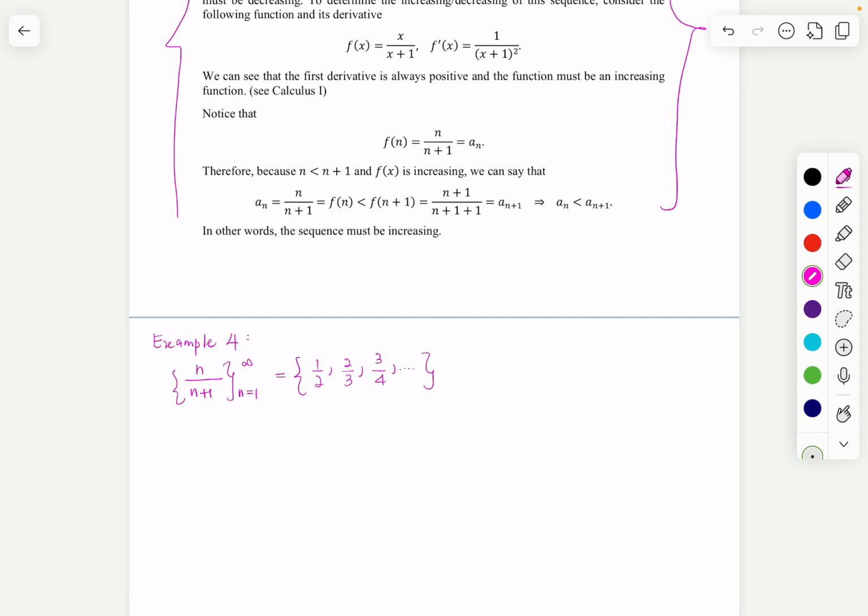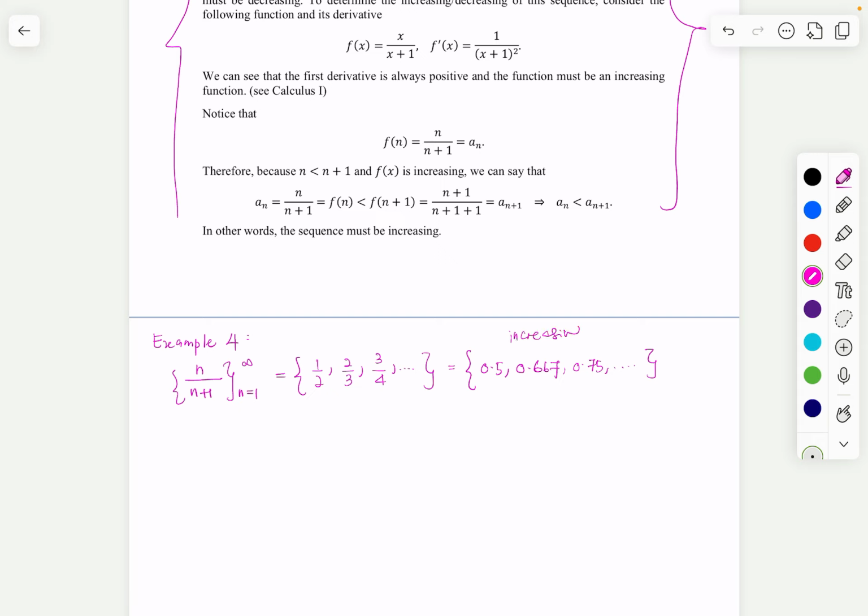Okay, I can write it as a decimal. 1 over 2 is 0.5. 2 over 3 is 0.667, of course I round this one because it has a lot of decimals. 3 over 4 is 0.75, and so on until infinity, but we do not know if it has a limit or not. So if you look at the pattern of the sequence, you can recognize this is actually increasing.